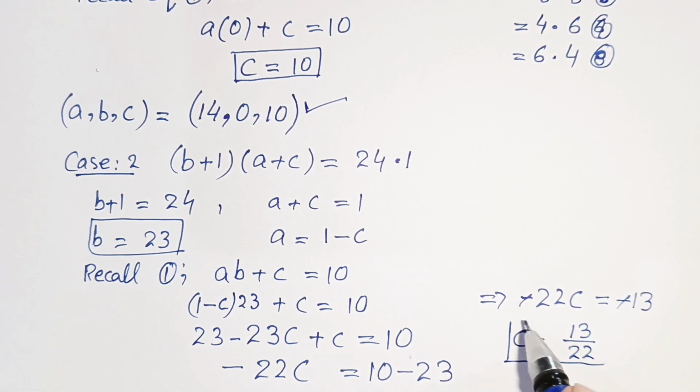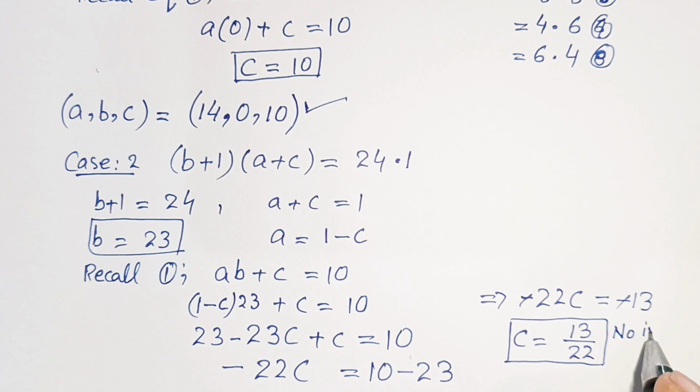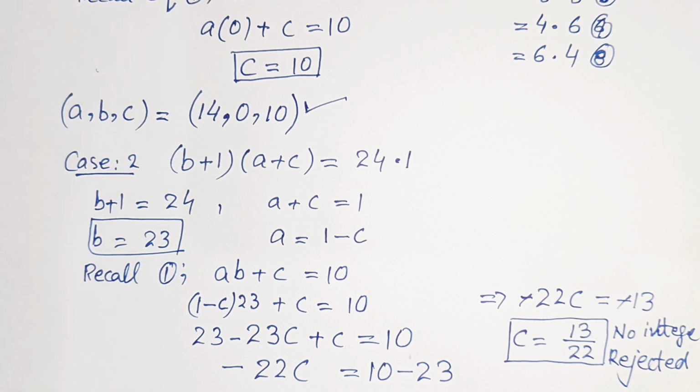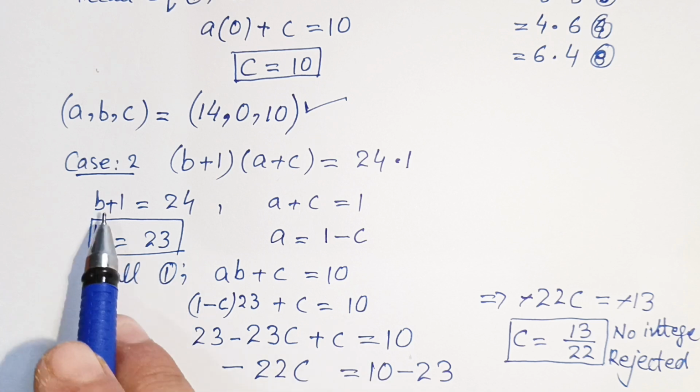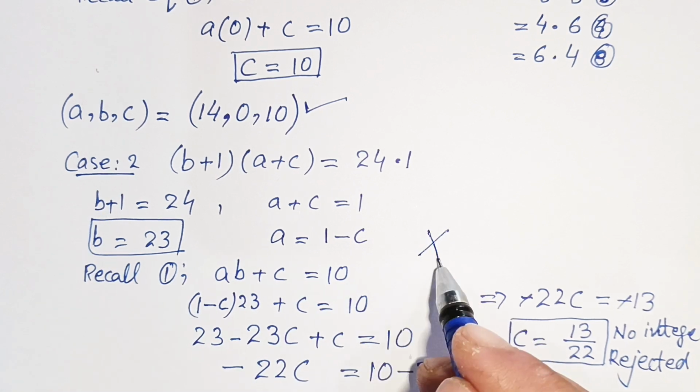But here we see that this value of c is not an integer. So if it is not an integer, then we don't take this value of c. This is rejected because we are given that a, b, c all belong to the positive integers. So this case 2 is cancelled out, it is rejected.